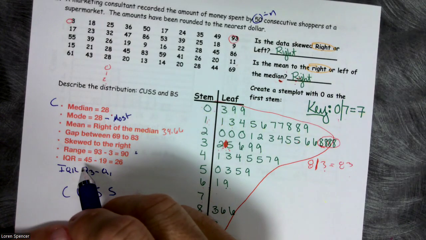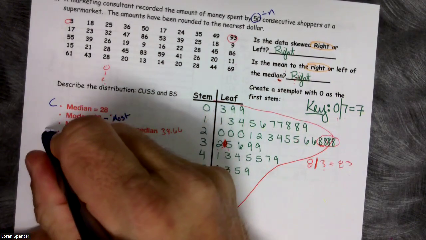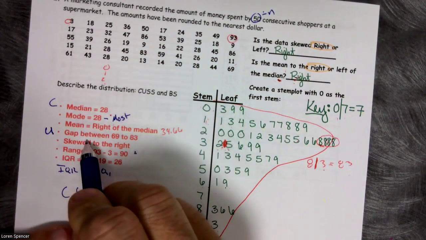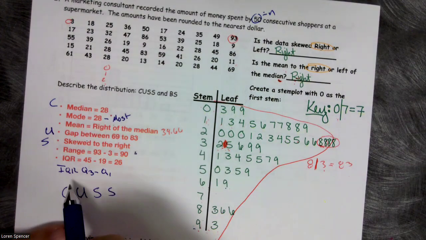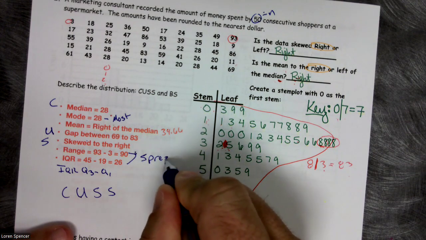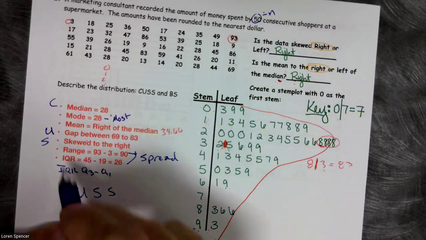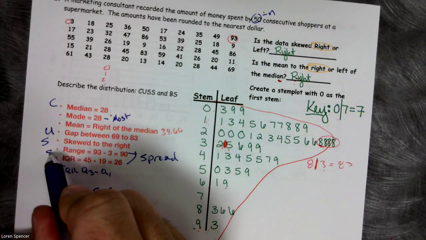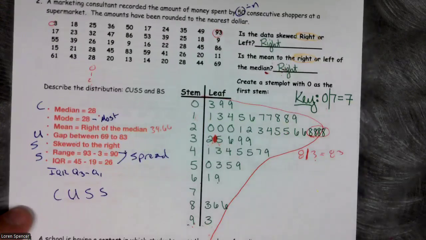Do we have unusual? And we say we have a gap because remember, unusual is gap and outliers. Do we talk about shape? Yes, we do. There's shape. And right here, we talk about spread. Okay? So in this case, it looks like we CUSSed it out completely. So we look good there.